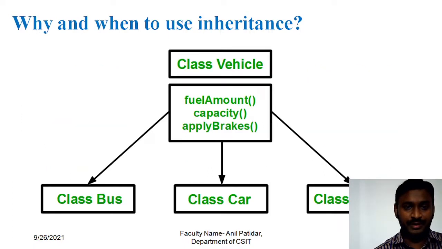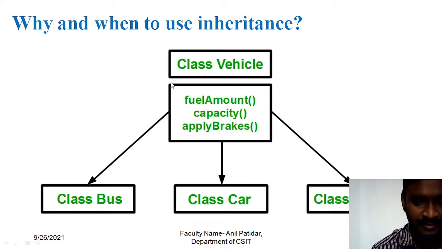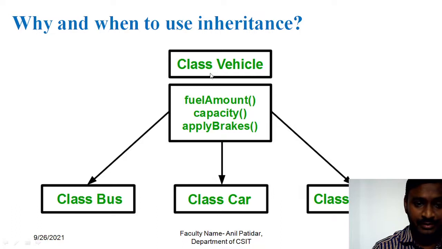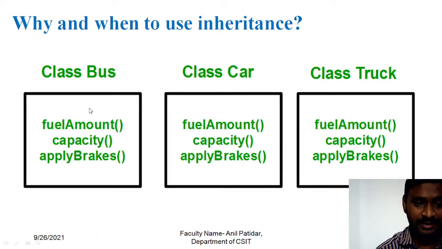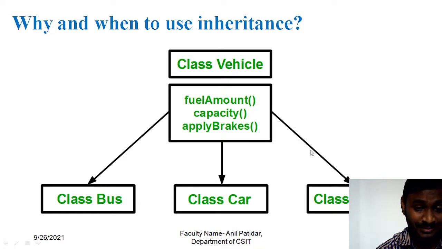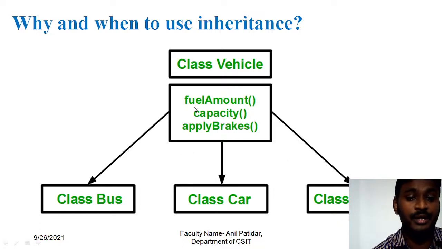Look at the next slide, look at this diagram. Here we have created a class vehicle, and we have created these three methods that are common to all classes in the base class. Now we can create three different classes: bus, car and truck. All three classes inherit the properties of the vehicle class.